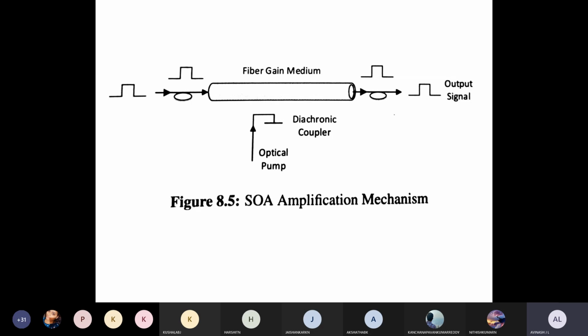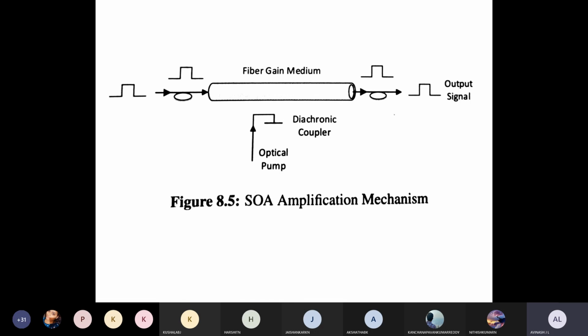The round circle is indicating the optical fiber, so in the optical fiber, energy is traveling. Here in the wave, we can see the pulse energy. That pulse energy is reduced to some level, and after that it is entering into the fiber gain medium.